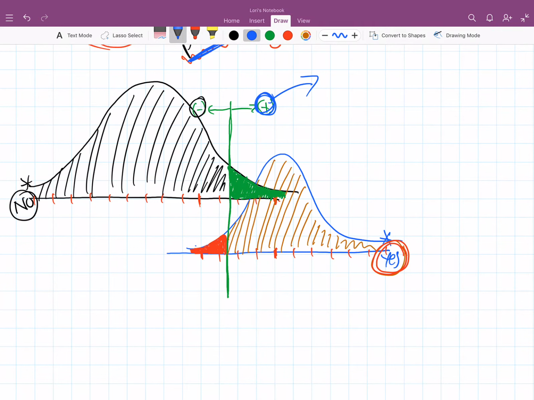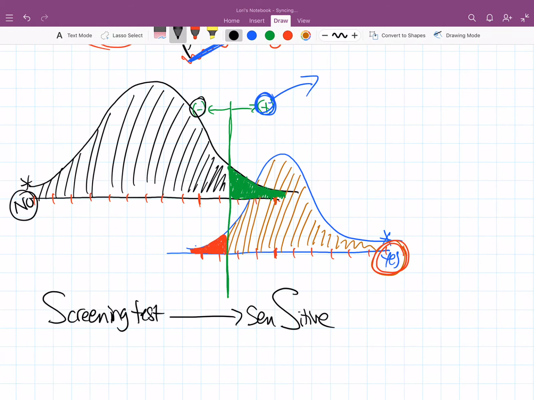Now, do you remember how we had the conversation about which group is worse? A lot of times people say, and I'll draw this just so that it's kind of opposite, a screening test should be sensitive. So this screening test that we're doing, we should have it be adequately sensitive to pick up on all of the people who are the yeses.